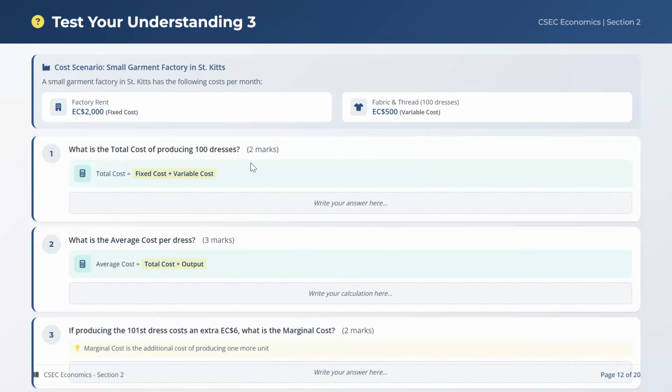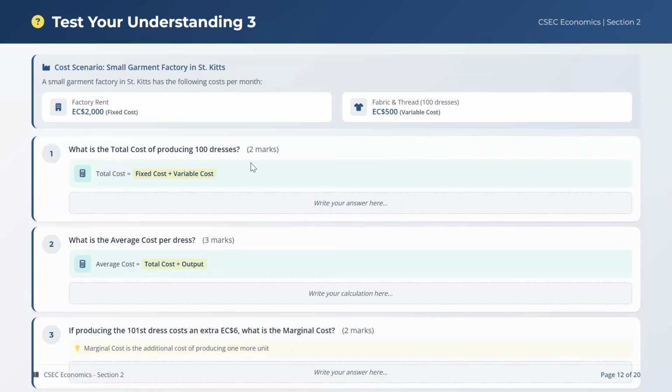So let's see. A small factory in St. Kitts has the following costs. The rent is $2,000 and the fabric and thread costs $500 in all.